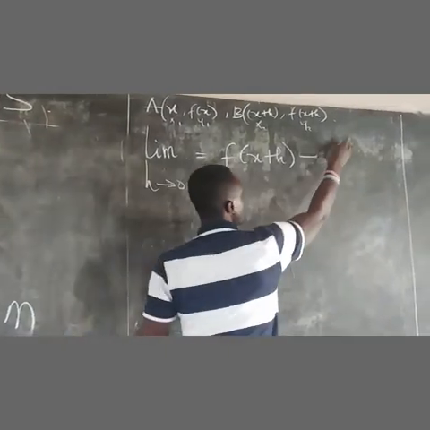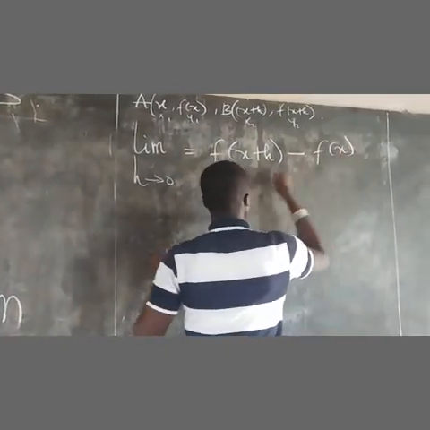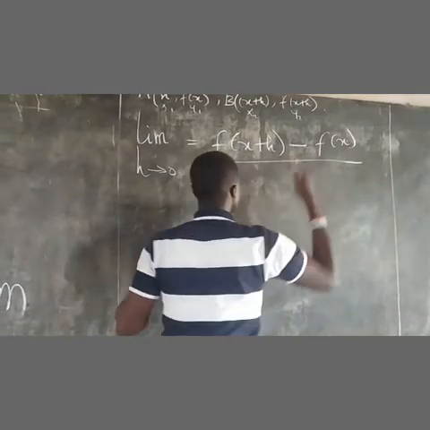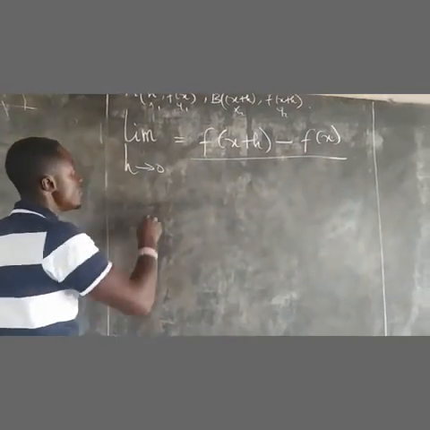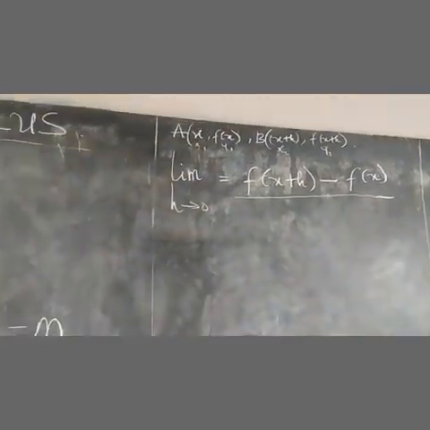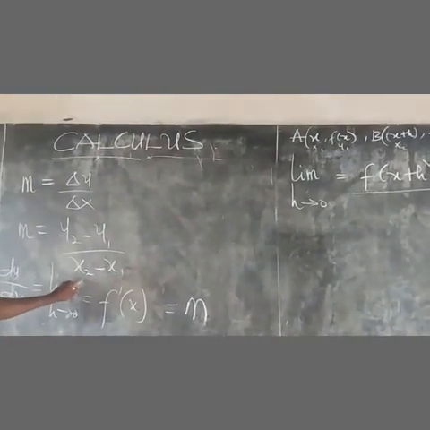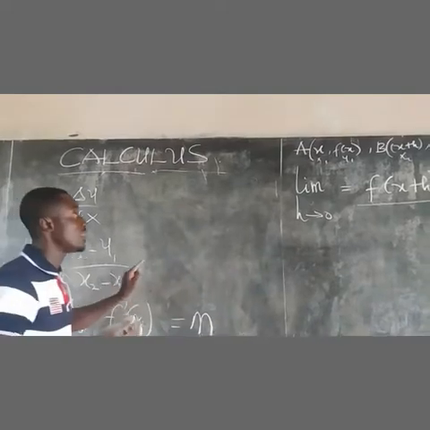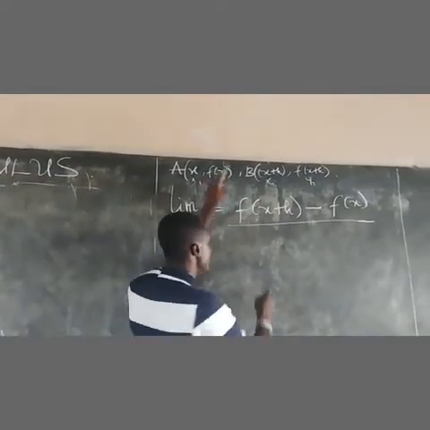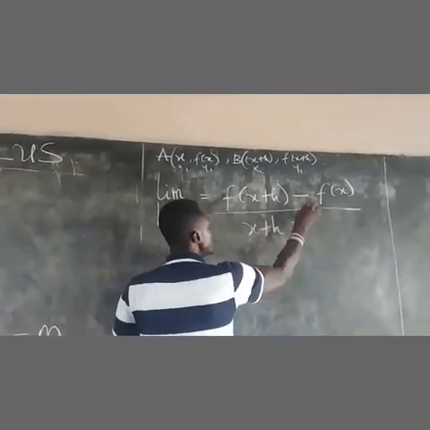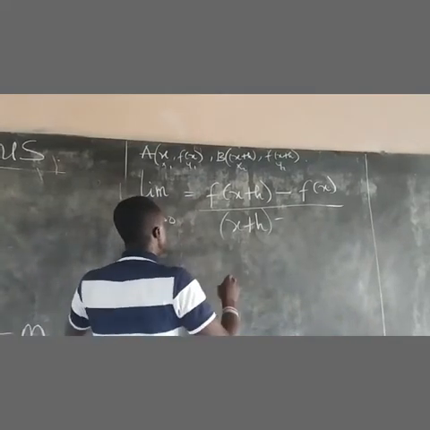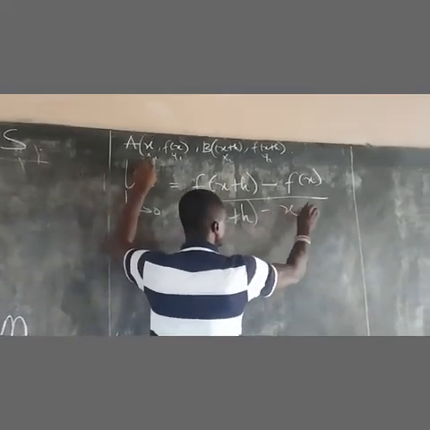So this will go to f of x divided by, let's come back, x2 minus x1. Then you ask yourself, where is your x2? And where is your x1? This is our x2, x plus h, minus x1, minus x.